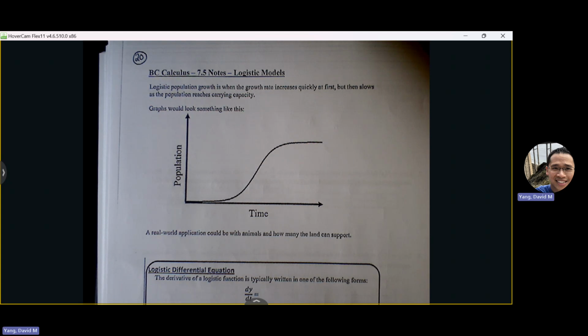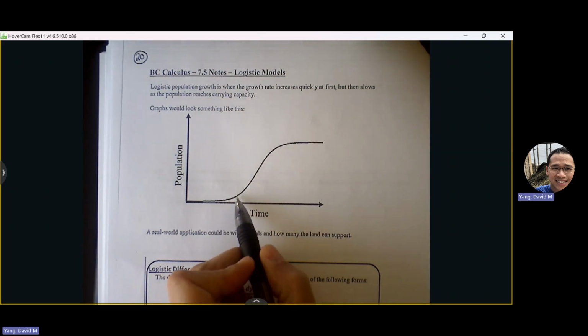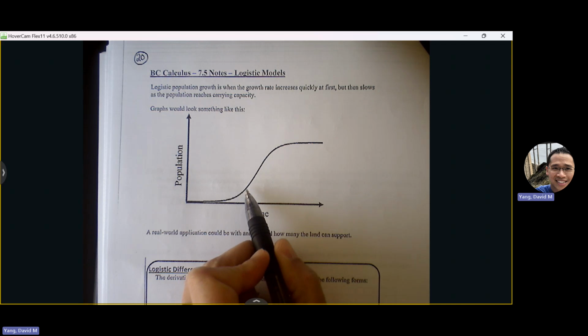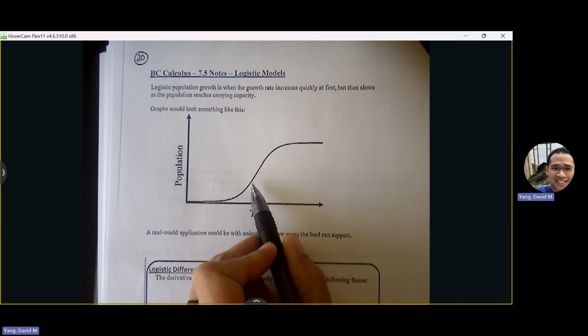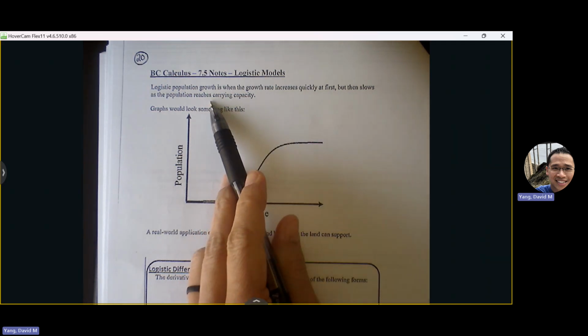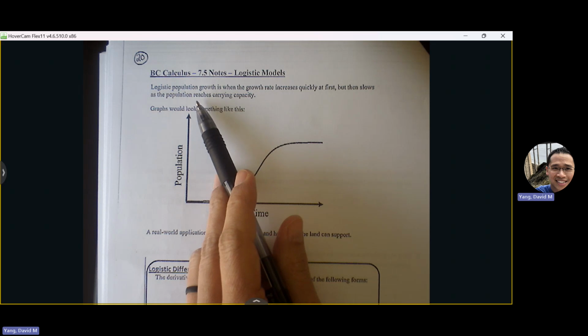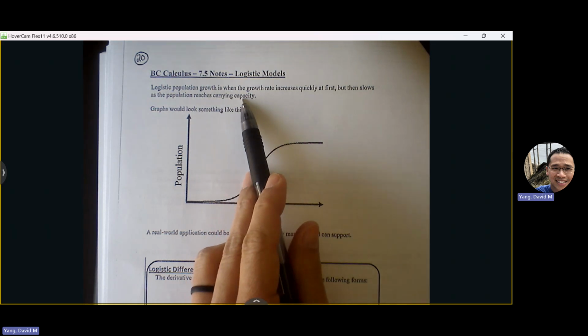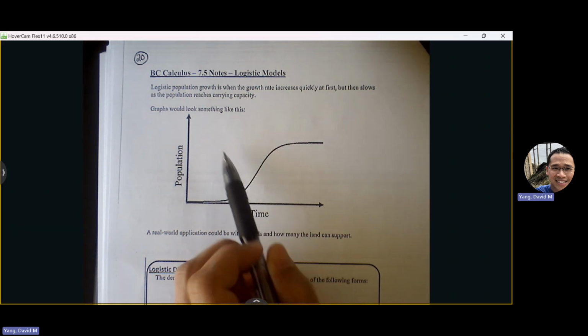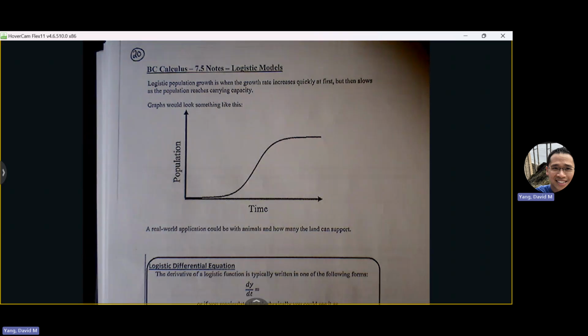So logistic population growth is when the growth rate increases quickly at first. So we see a steep slope initially, but then it slows down as the population reaches its carrying capacity. So the graph will look something like this.